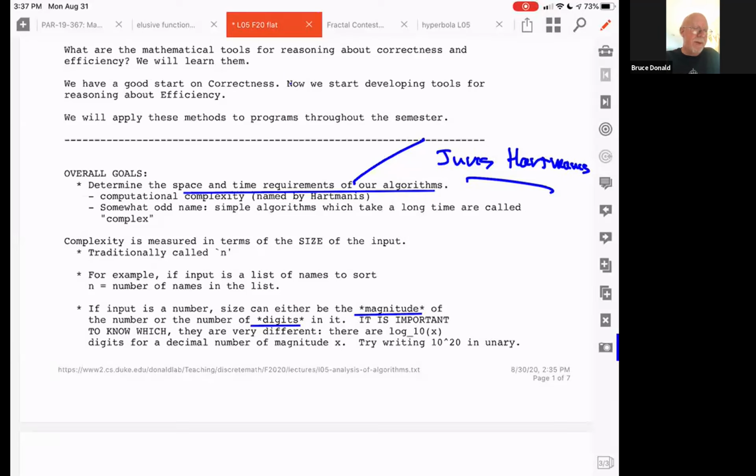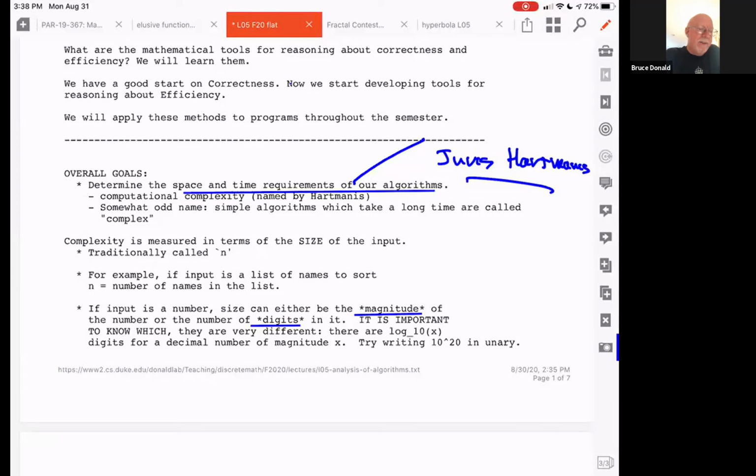So it's a strange term in a way, although I kind of like it, because why is it odd? Because a very simple algorithm that takes a really long time would be called complex. On the other hand, some incredibly Baroque piece of code that was unbelievably efficient, if you could analyze it, would not be called complex. So it's sort of a strange term, but we'll talk about what it means.